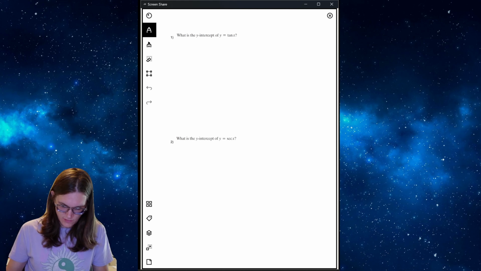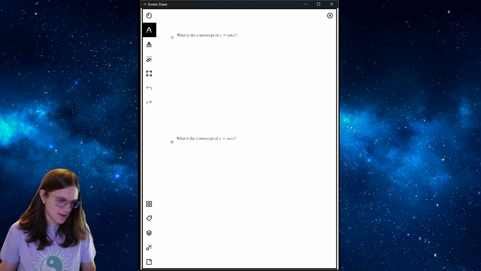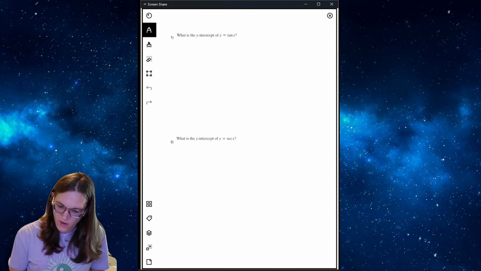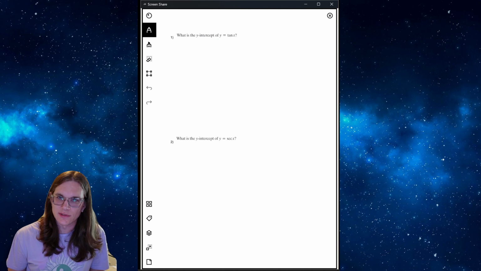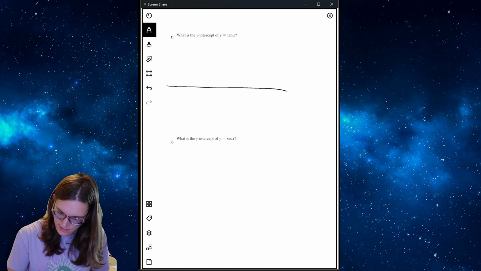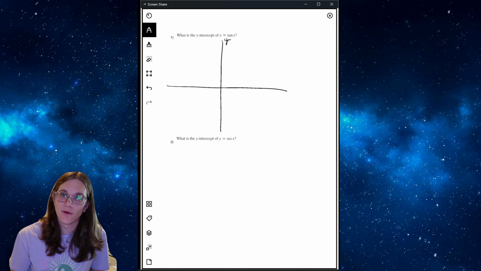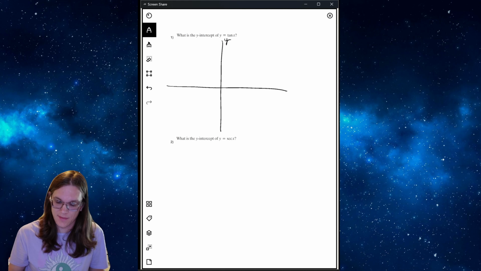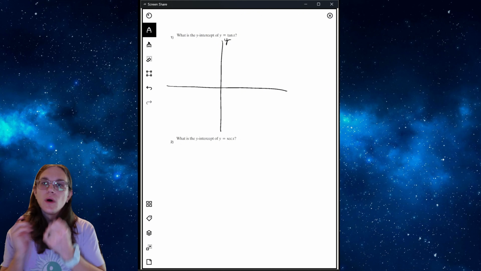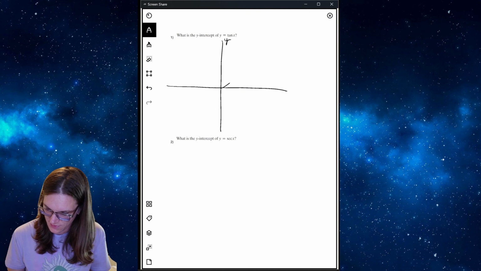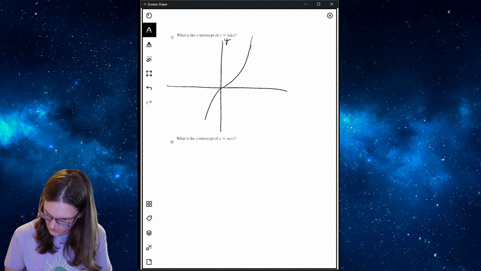Okay, and so of course we have some problems here. What is the y-intercept of y equals tangent of x? The y-intercept is this right here. Where does the graph cross y? Well, we just plotted it, so I happen to know that it does this stuff, right?